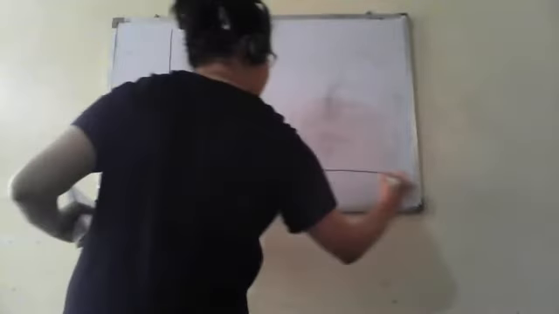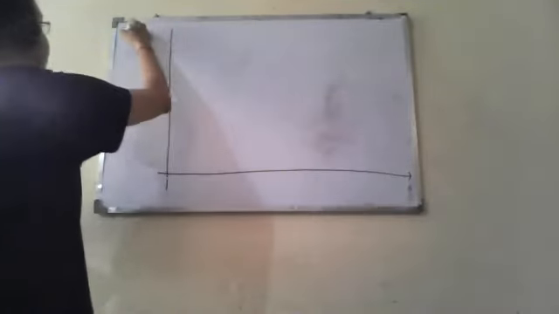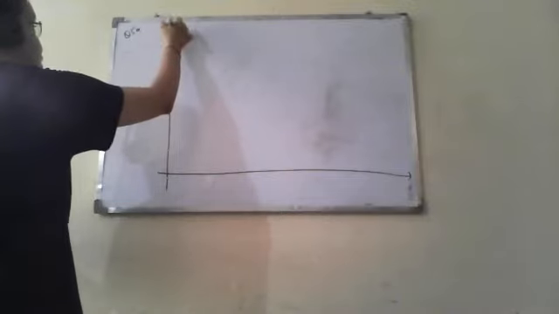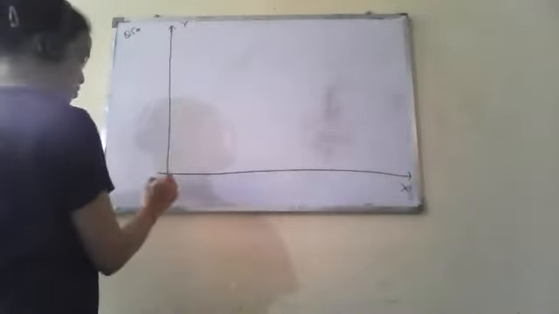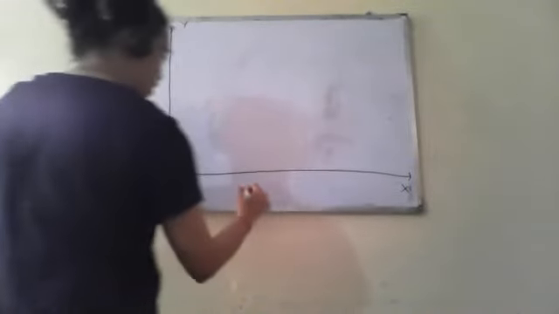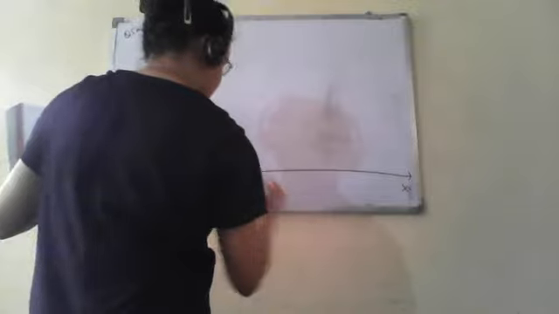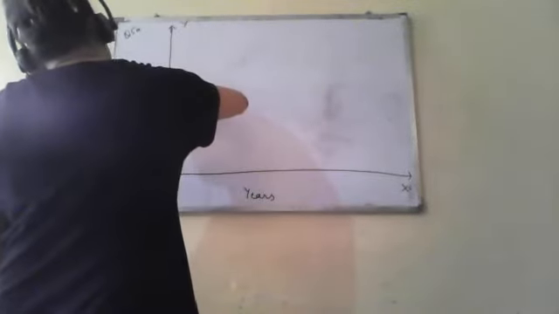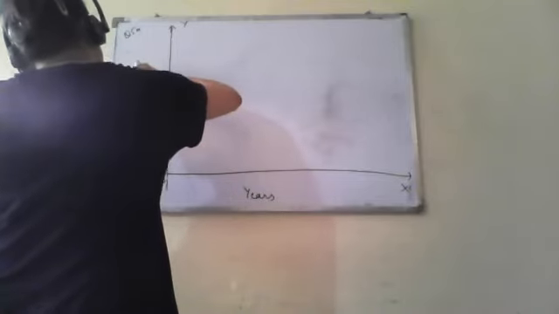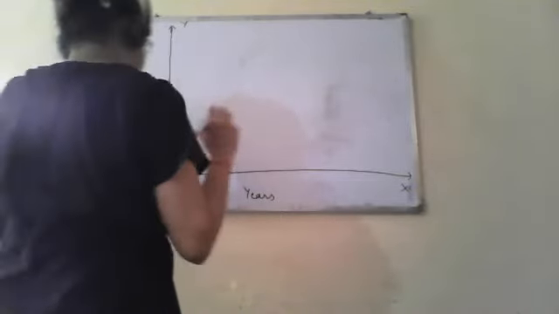This is question number 5, first part. This is the x-axis, this is your y-axis, this is the origin. On the x-axis we are taking years, and on the y-axis we are taking the number of days that the hill received snow.